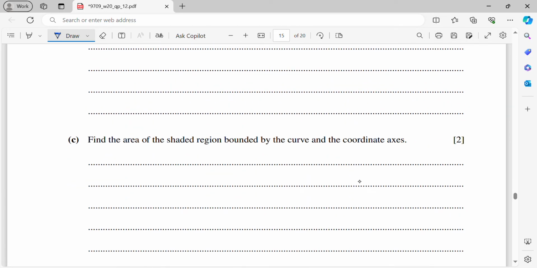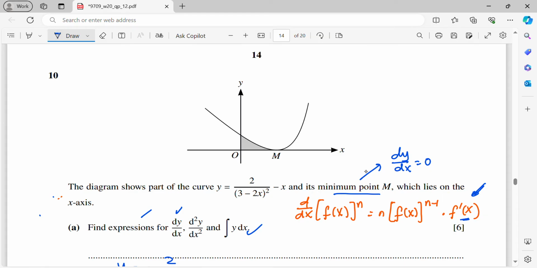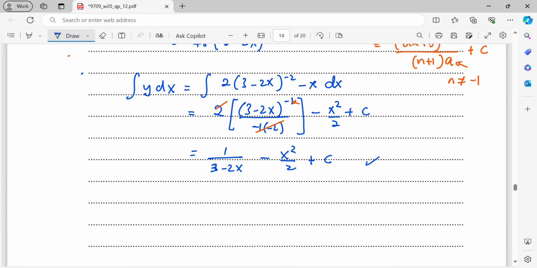Now C, find the area of the shaded region bounded by the curve and the coordinate axes. Okay, so basically, here I already found x is half. That means you just need to integrate the graph, x from 0 to half, because the region is actually the region below the graph until the x-axis. So I will just use the integration that we have found just now.